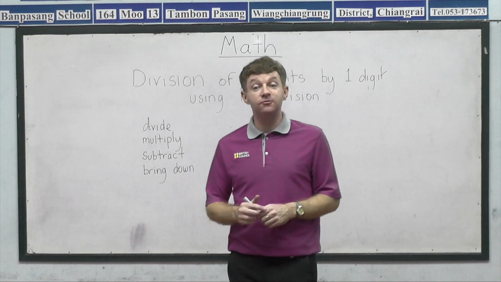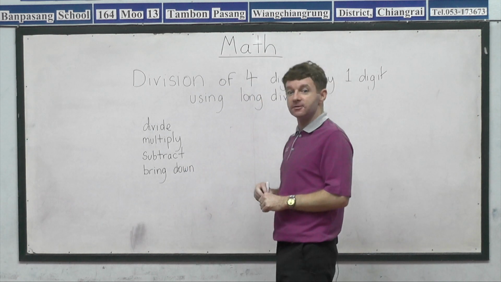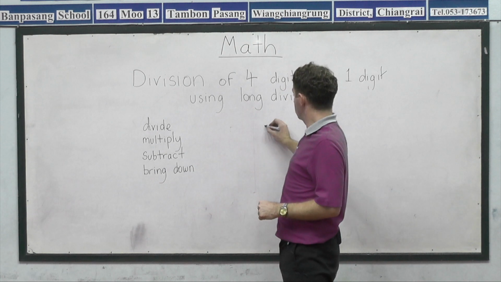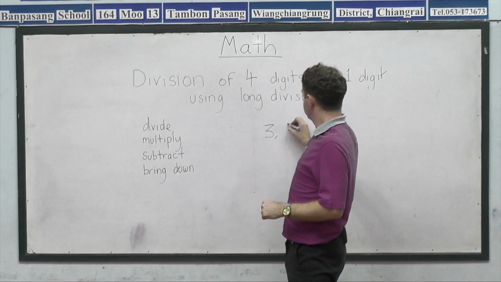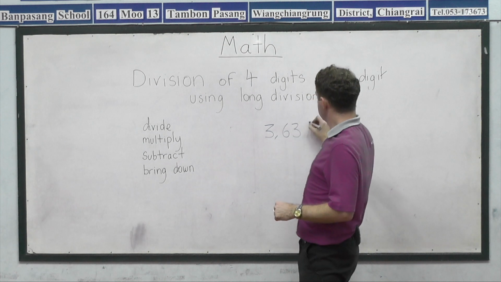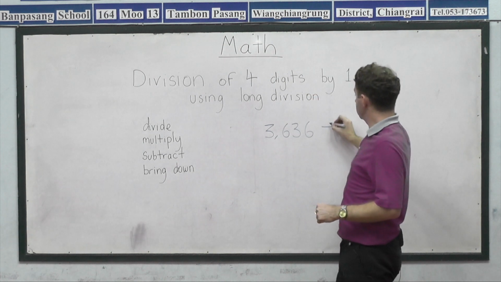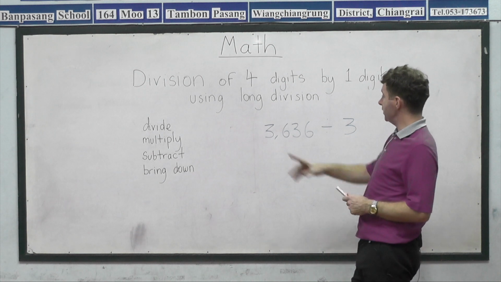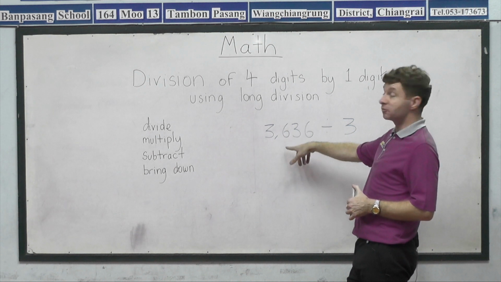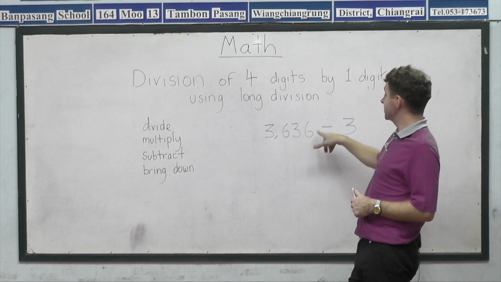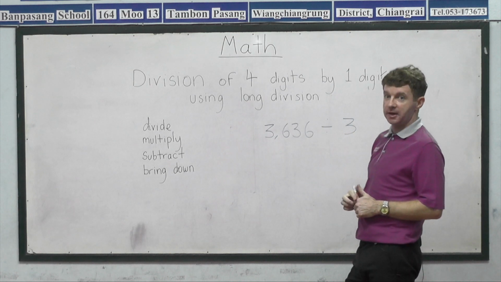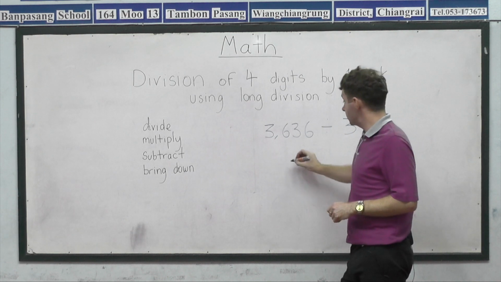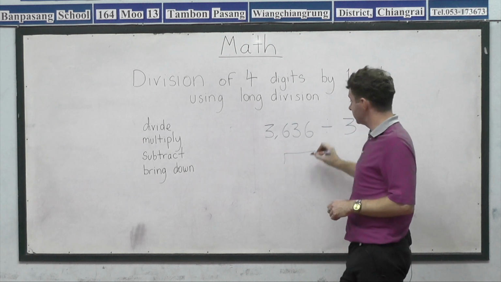So guys, can somebody give me a 4-digit number? 3,636 divided by 3. Okay, 3,636 divided by 3.